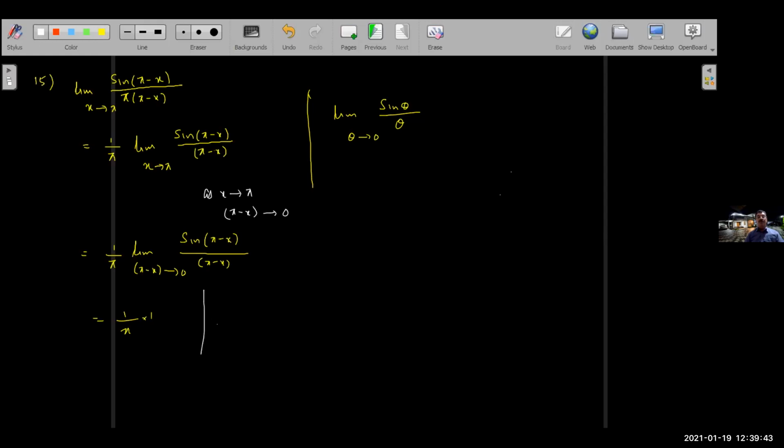Because this is of the form limit theta tends to 0 of sine theta by theta. See that in place of theta, we have pi minus x. Here also pi minus x, here also pi minus x. So this theta comes in 3 places, and the angle pi minus x comes here also. So the answer is 1 by pi. That's the answer.